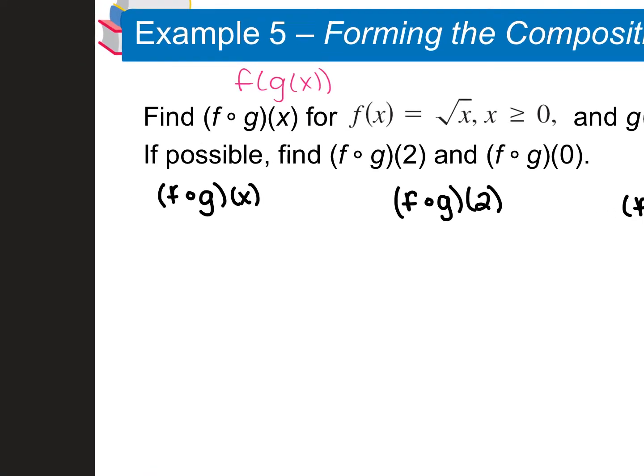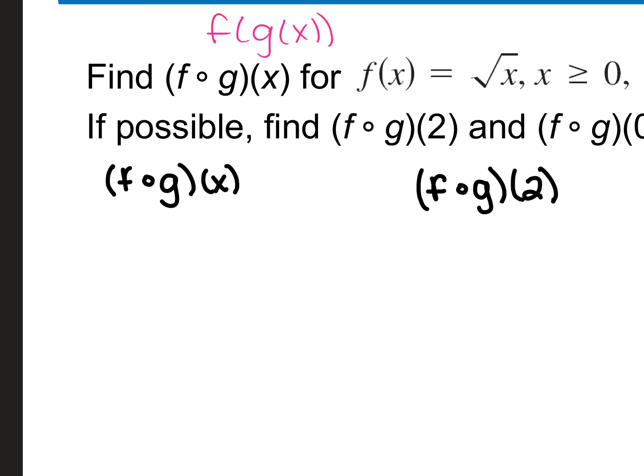So for f of g of x, even though there's that little circle in between the f and the g here, it means the same thing as f of g of x. So take g of x, plug it in for x in f of x. That means we're just going to have the square root of x minus 1 for this one.